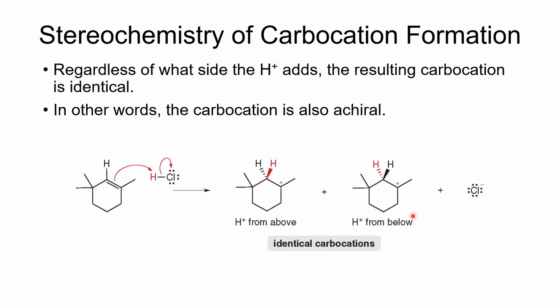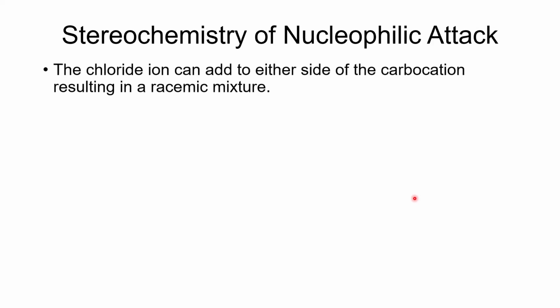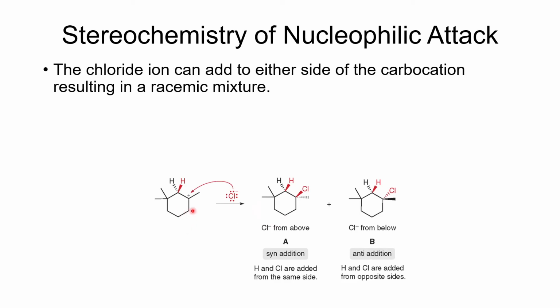Since it's an achiral carbocation, it doesn't really matter which side of the carbocation the chloride comes from. If it comes from the front or above, then we're going to get this particular stereoisomer. And if it comes from the back, we're going to get this particular stereoisomer.